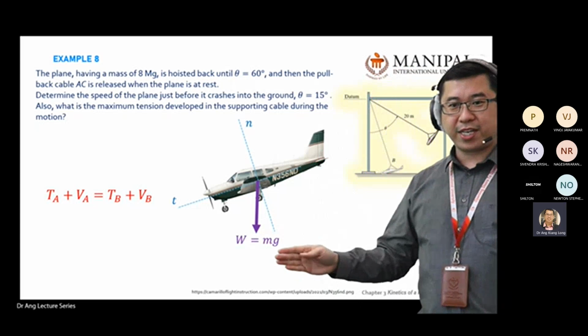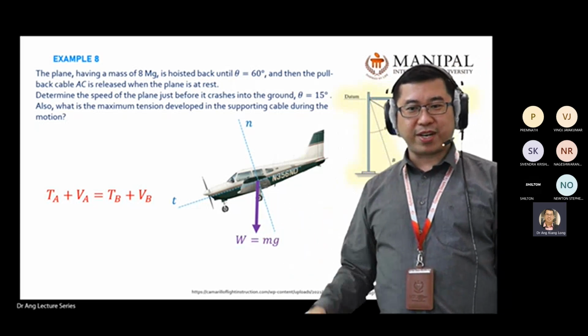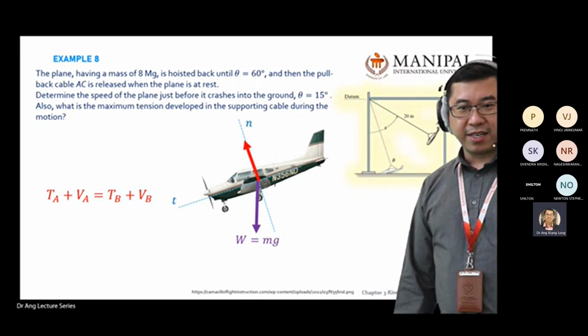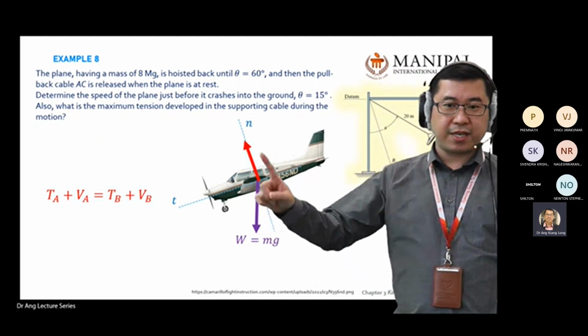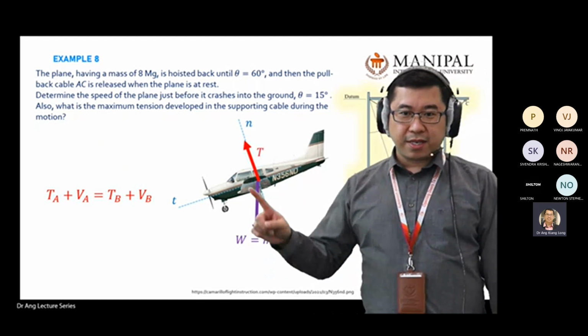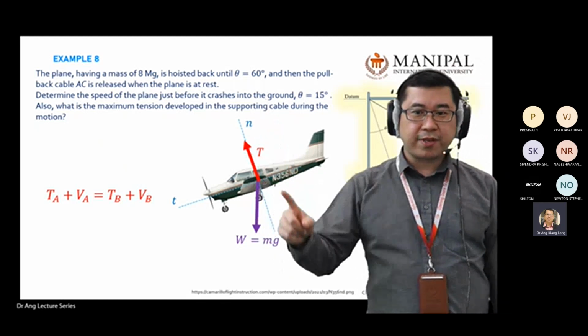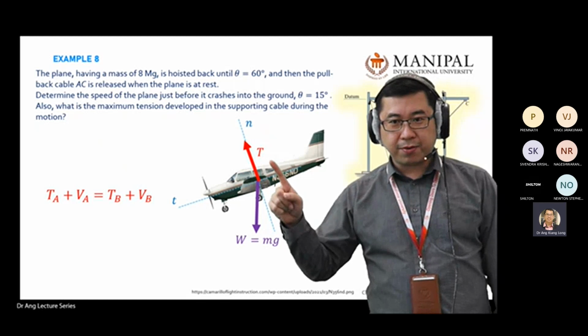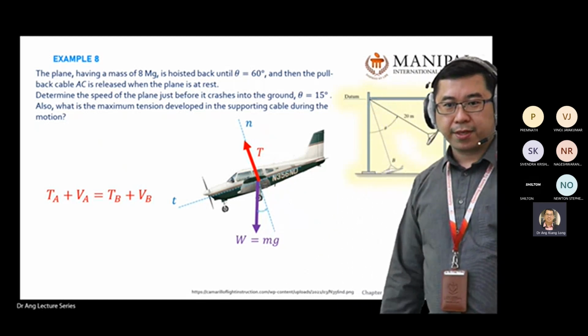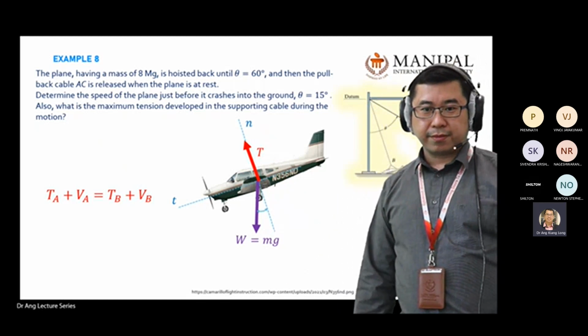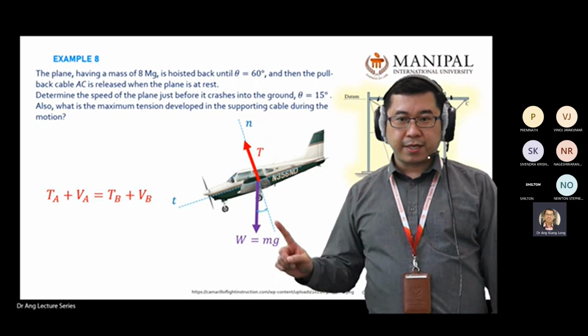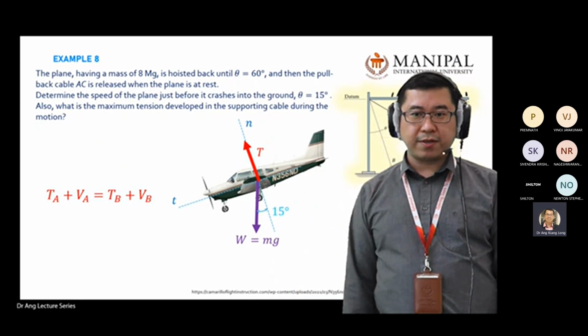I gave you hints already: surely have weight. Then there will be a tangent of the cable pulling the aircraft, the tension of the cable T. Then you put in the angle over here.